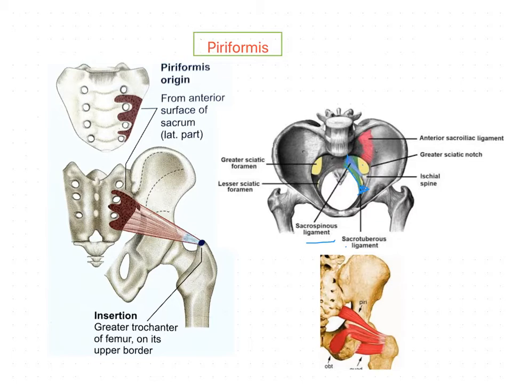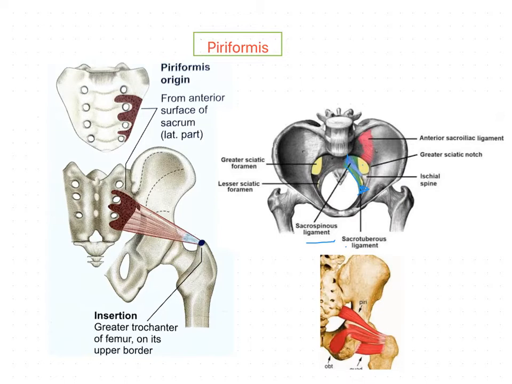Why I am telling this: the structures of the pelvis come out of the pelvis only through these notches. If you see the piriformis muscle, it also comes through the greater sciatic notch and comes outside to the gluteal region.